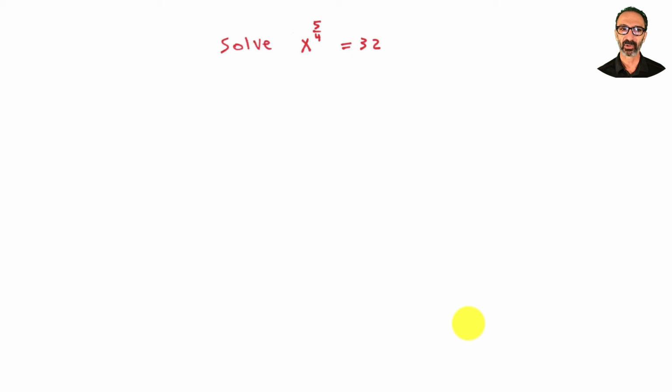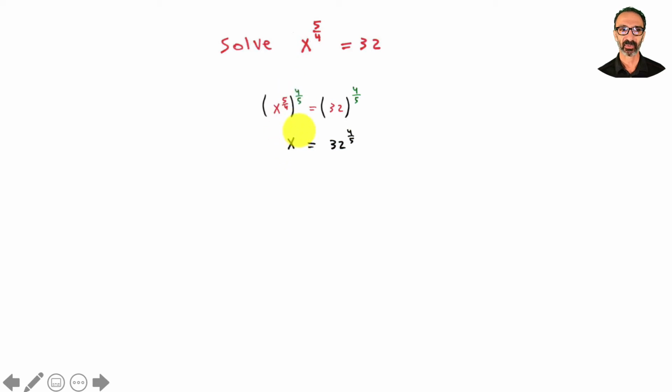Solve x to the power 5 over 4 equals 32. We want to get rid of the exponent right here and leave x alone. So the way to do it is we raise both sides to the power 4/5, which is called the reciprocal. Why is that? Because these two multiplied will give you 1.